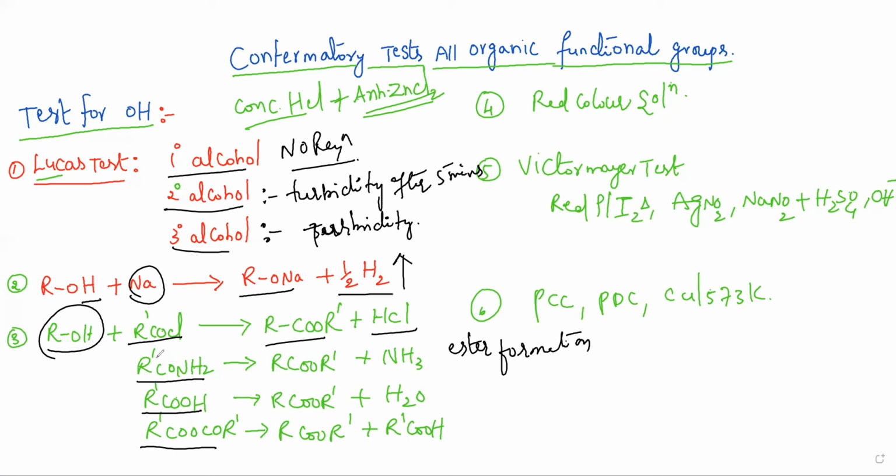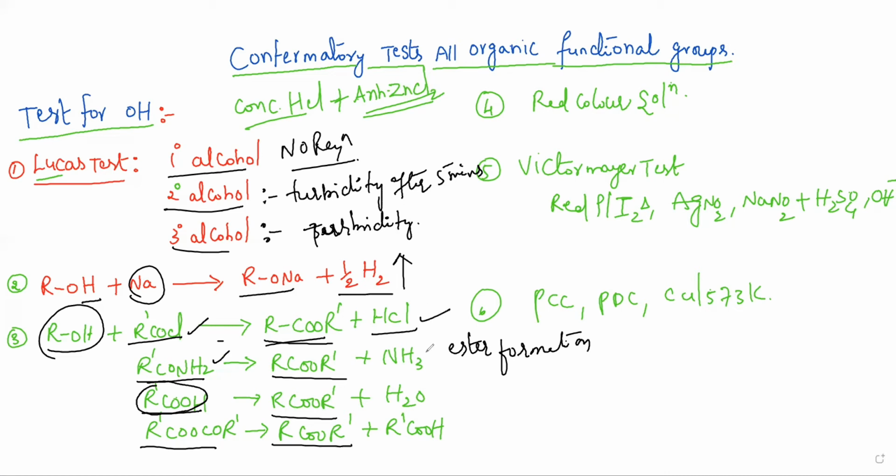Similarly, RCONH2. These are all derivatives of acid, which means the OH group of COOH is replaced with Cl, NH2, or RCOO. In these reactions the respective esters are formed. There is no change in the ester formation, only in the byproducts. With alcohol and acid chloride, we get HCl as byproduct.